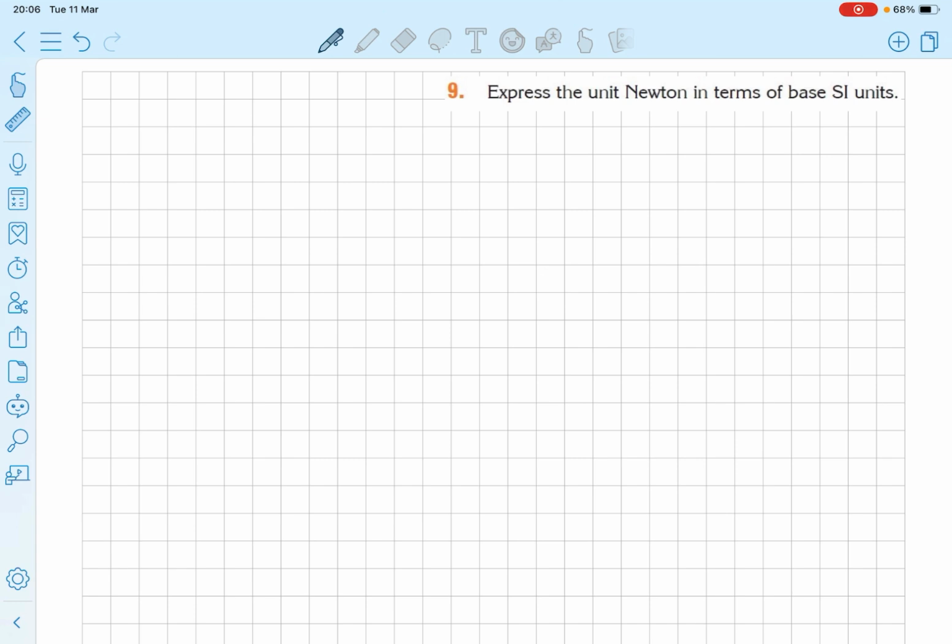Question 9. It says express the unit Newton in terms of base SI units. So here, Newton is the unit of force. Firstly, to define the SI unit, we will define it by using formulas.